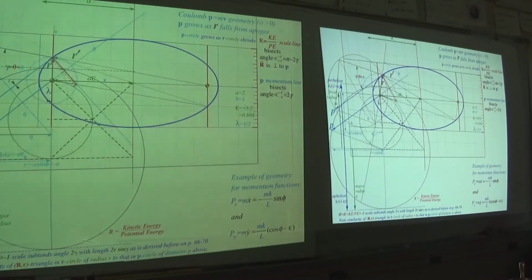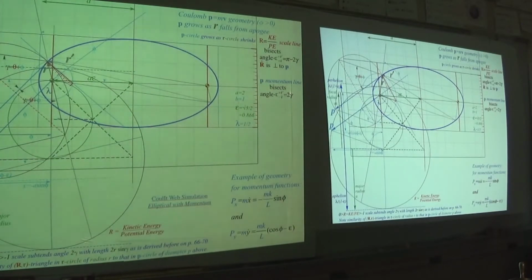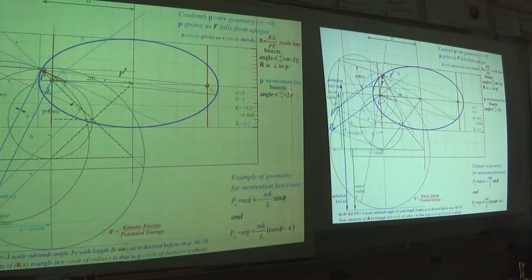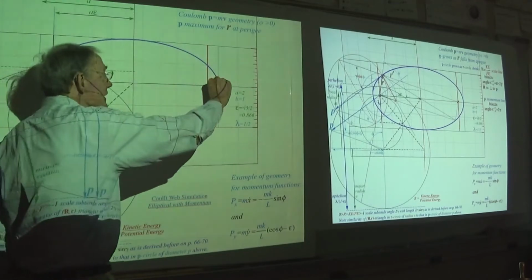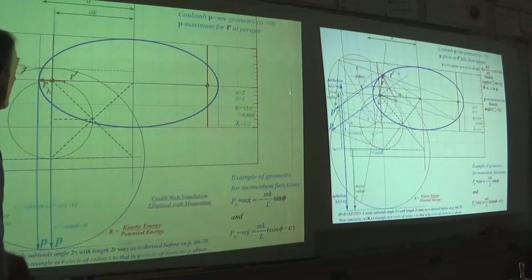But other than that, we are getting a geometrical construction of the p vector. And you can see the r scale with this particular configuration is getting pretty small until finally, there we are. That's the maximum p. Remember, it started this big, and now it's that big.